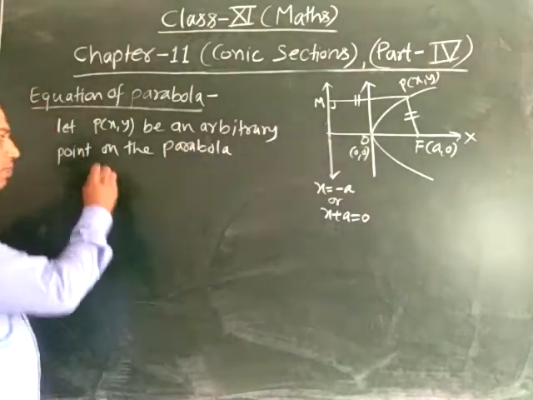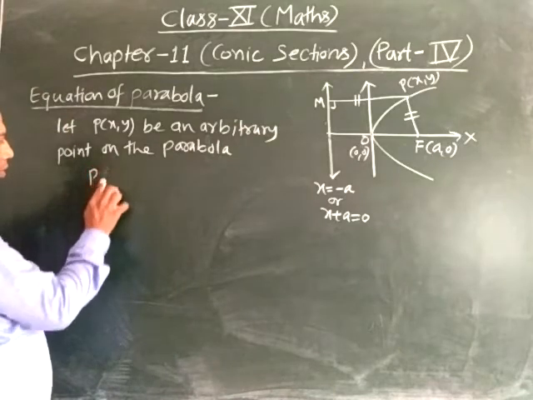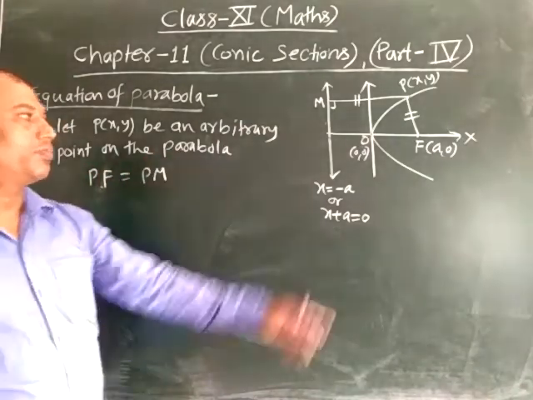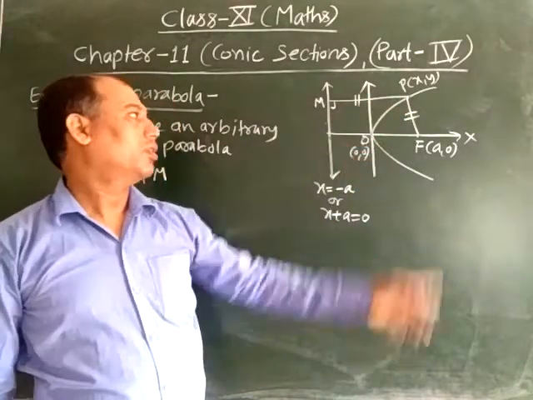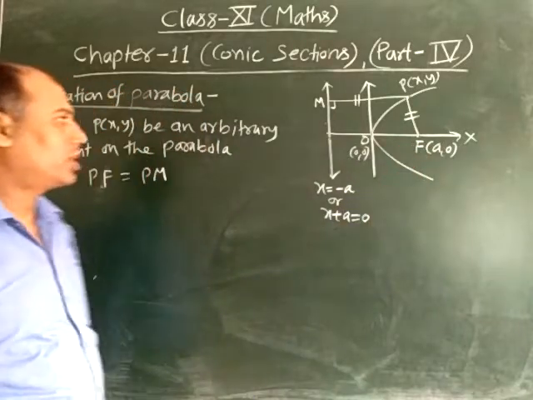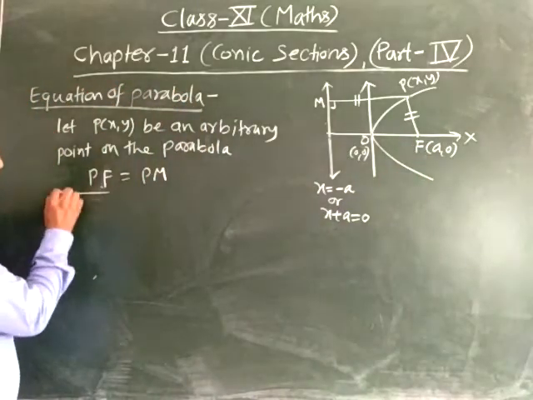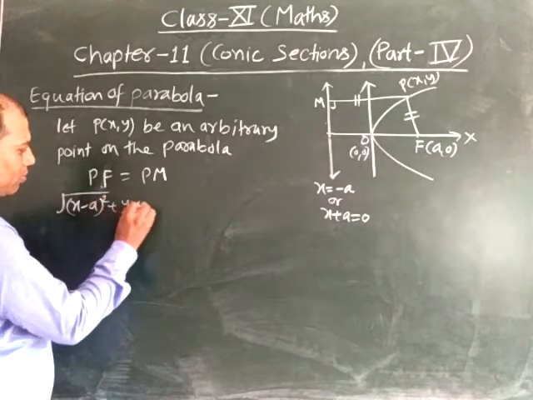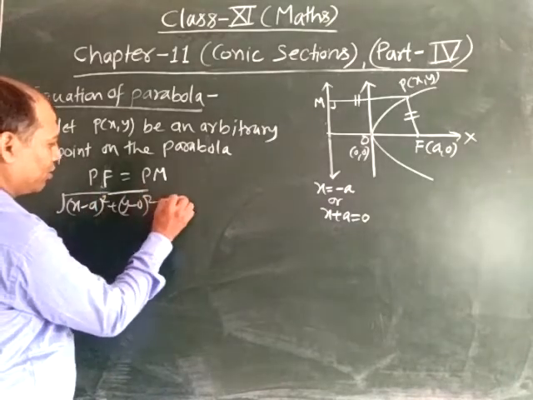Then by definition of parabola, we can write PF equal to PM. Now PF is equal to the distance between 2 points, which can be written as the square root of (x minus a) square plus (y minus 0) square.